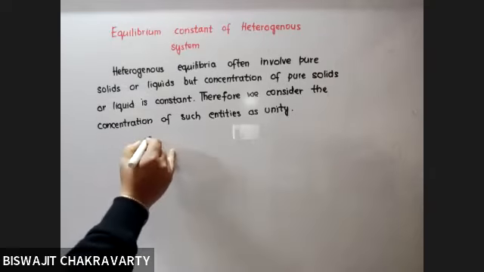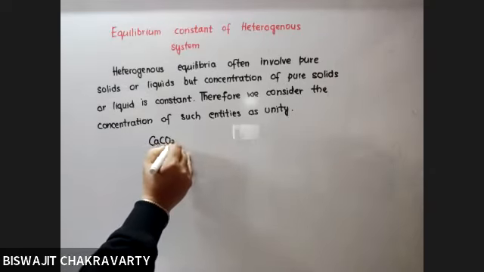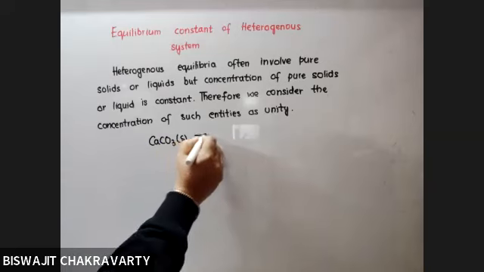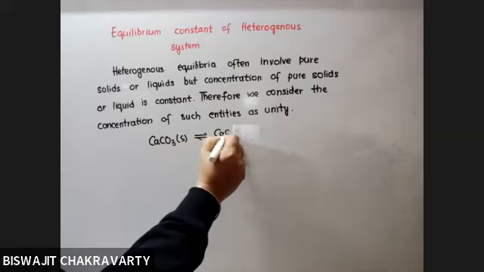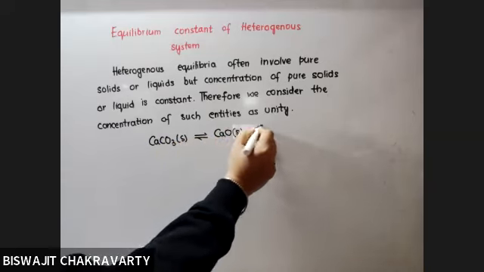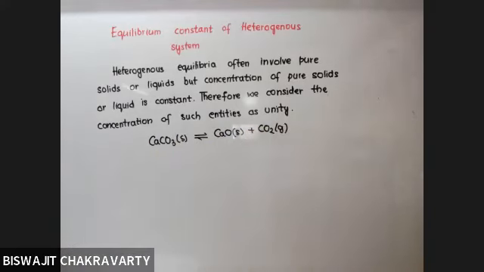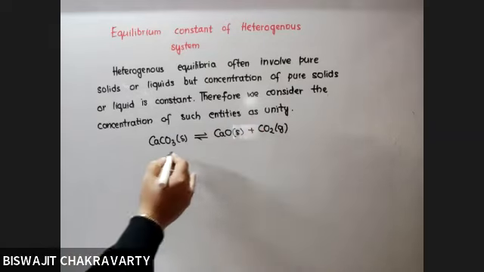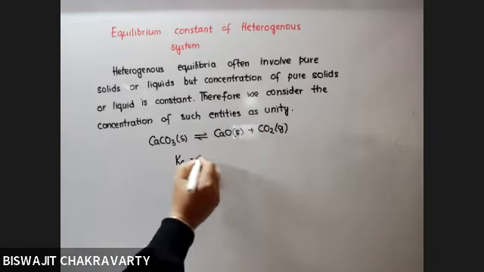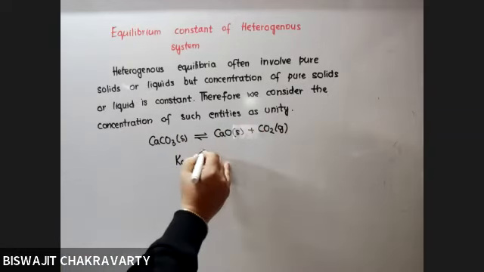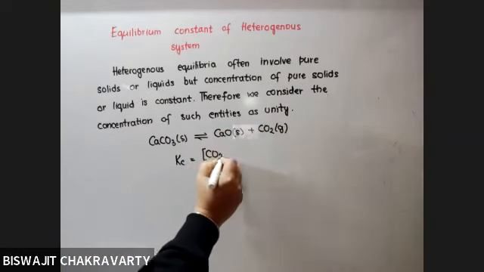So when we consider a reaction, calcium carbonate solid, reversible, calcium oxide solid, carbon dioxide gas, here the solids should not be taken into consideration. So the Kc expression should be only the concentration of carbon dioxide.